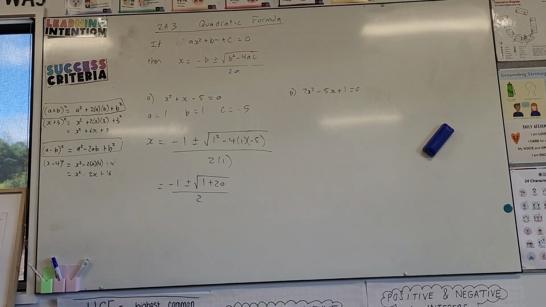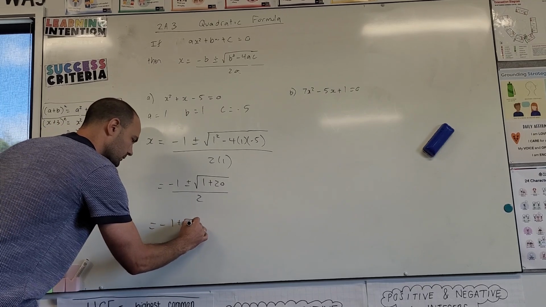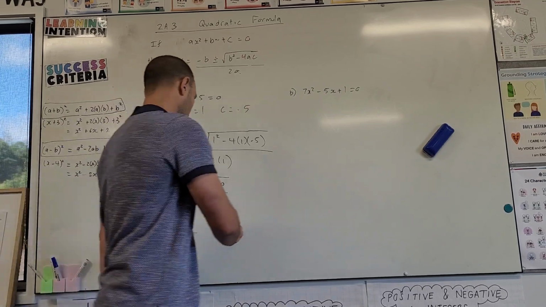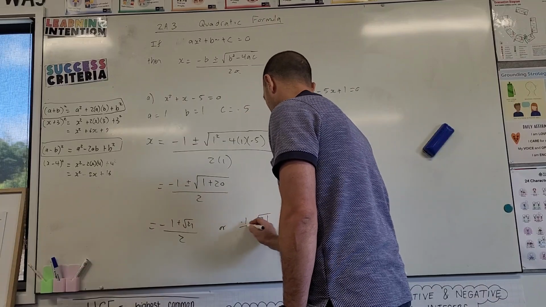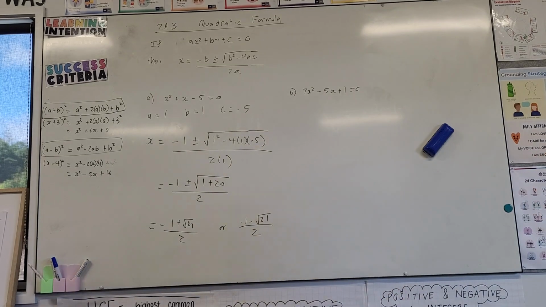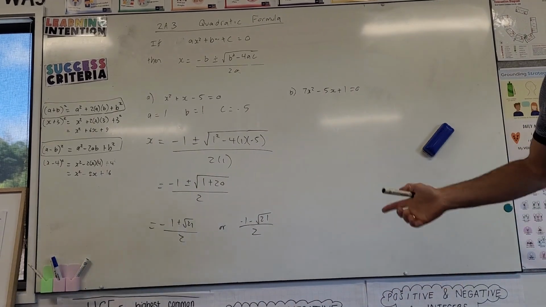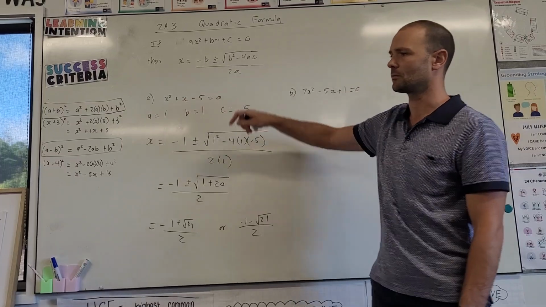And so we have two solutions. The two values of x are minus 1 plus the square root of 21, or minus 1 take the square root of 21, on 2. Those are the values of x that make this statement true, the left-hand side equal to the right-hand side.